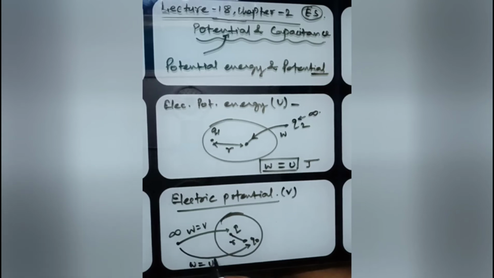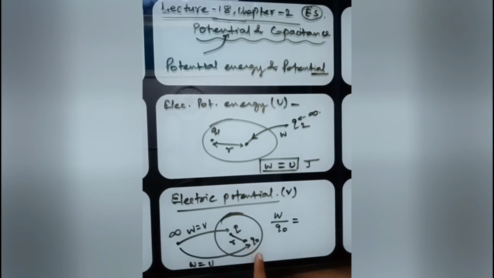Because you have to work against the field, the electrostatic force of this charge, or in favor of the electrostatic force of the second charge. Then you have to write the relation as work done per unit charge.